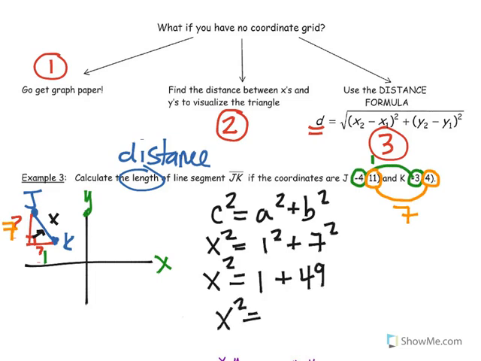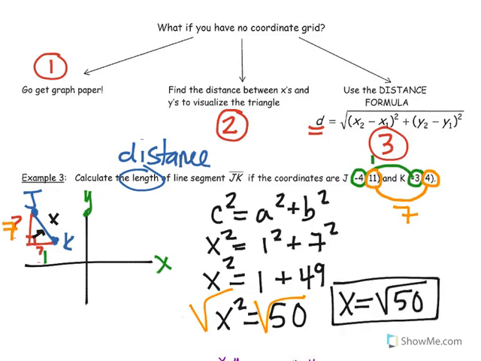Add 1 and 49 together, and I get 50. Then I take the square root of both sides, and I'm left with x equals the square root of 50. This is my exact answer. If I were to estimate that, it would be approximately 7.071.